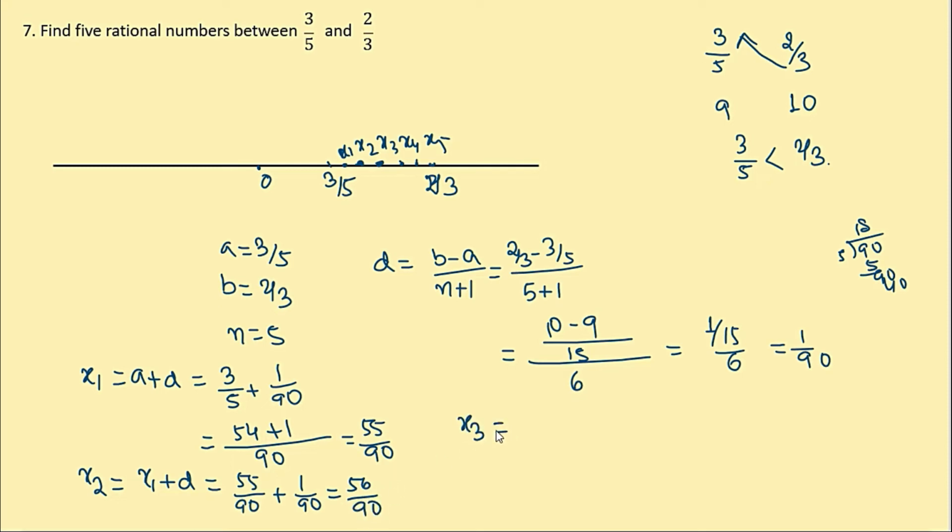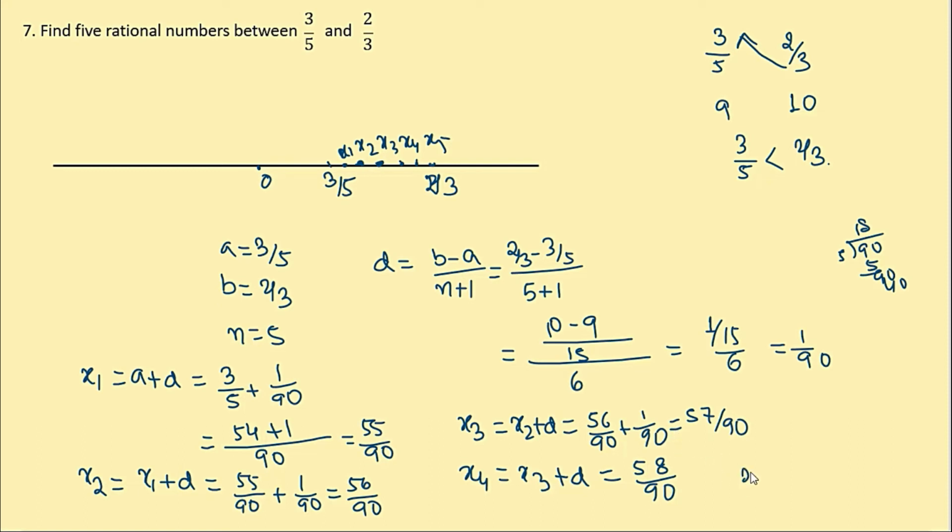X3 will be X2 plus D, that is 56 by 90 plus 1 by 90, that is 57 by 90. X4 equals X3 plus D, that will come as 58 by 90. I am not doing it further. And X5 will be 59 by 90.